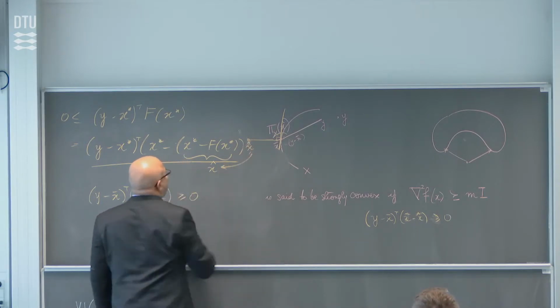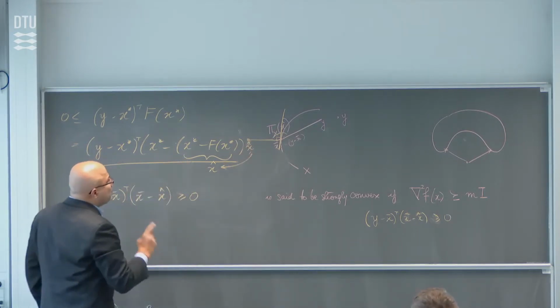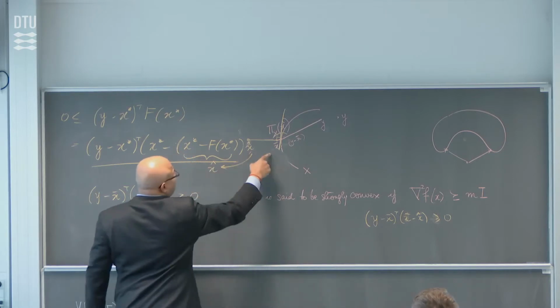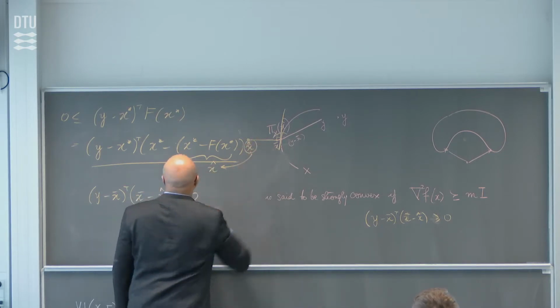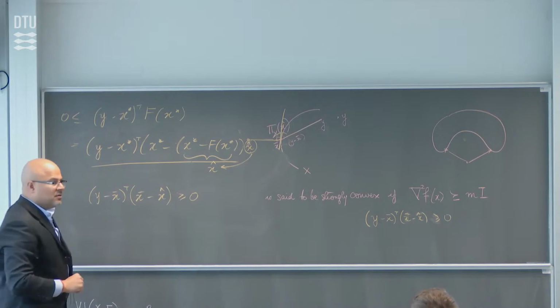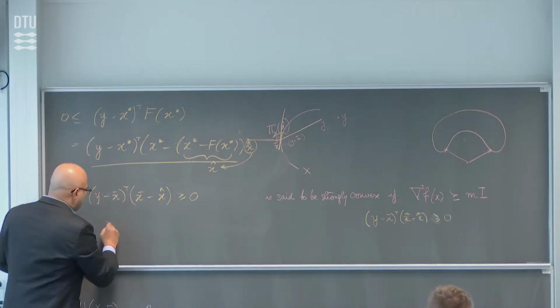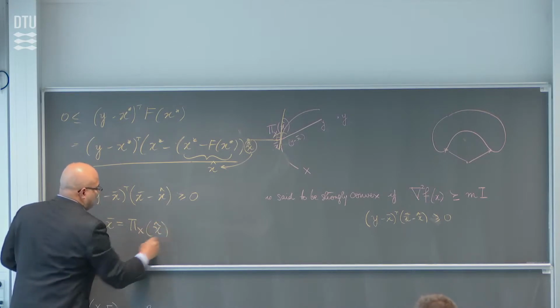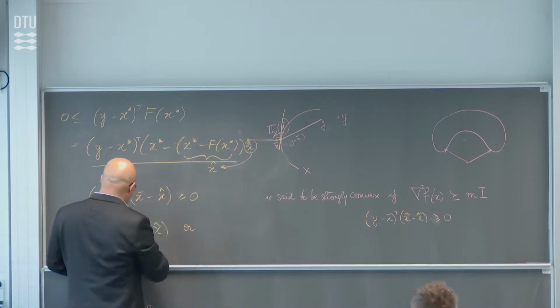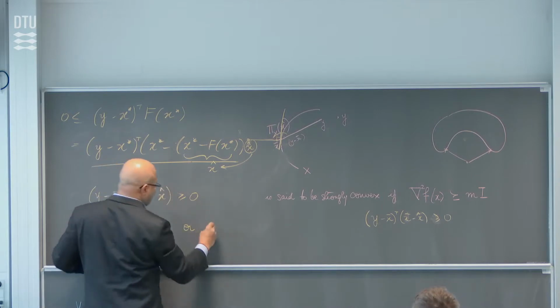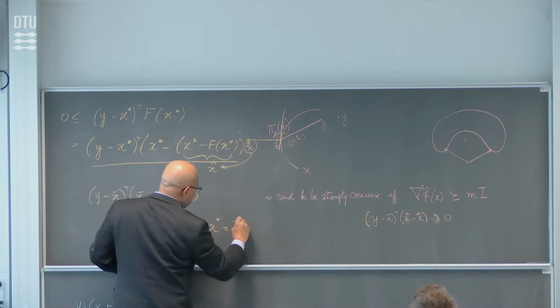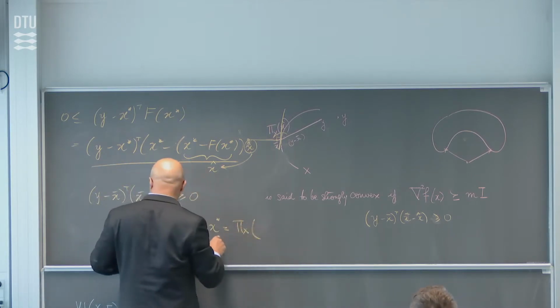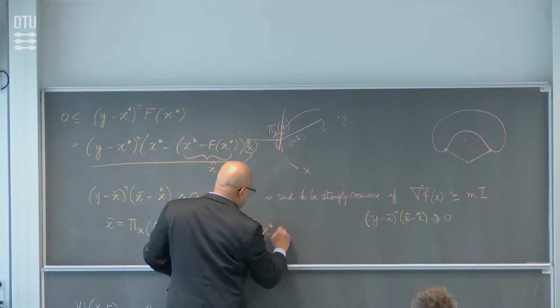So this is like x hat, and what you like is x bar is the projection of x hat, right? So x bar in this case is x star, and x hat is x star minus f of x star.